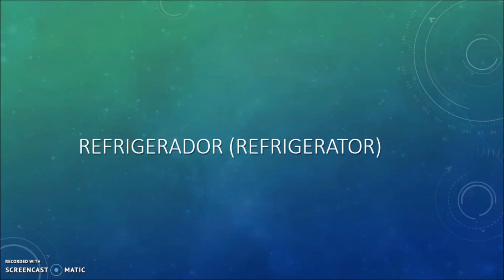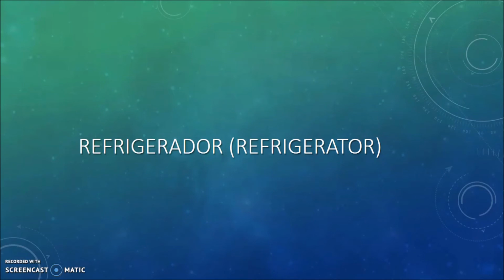Refrigerador. This word took me so long to be able to say because it has 4 R's. And the rolled R, as I have mentioned previously, is quite difficult for English speakers. So just practice this word every day until you can say it perfectly. And then your rolled R's will be at native level, hopefully.